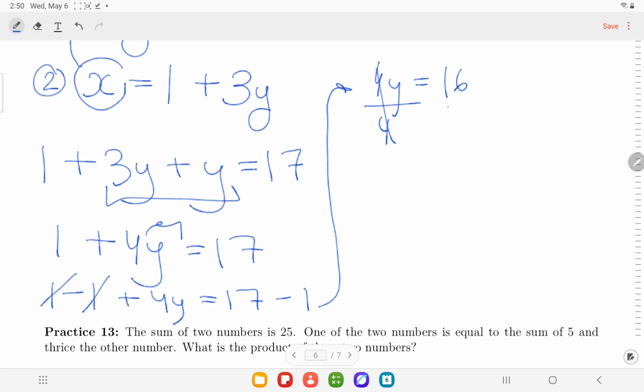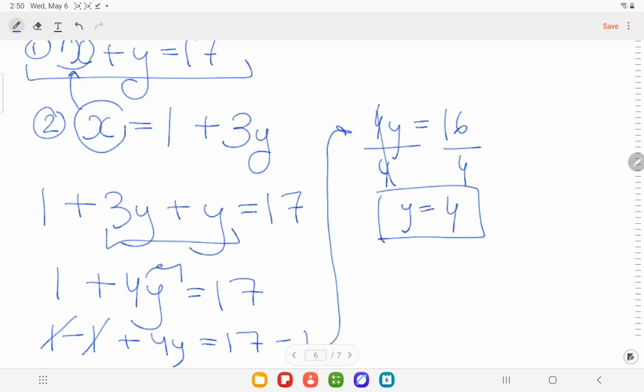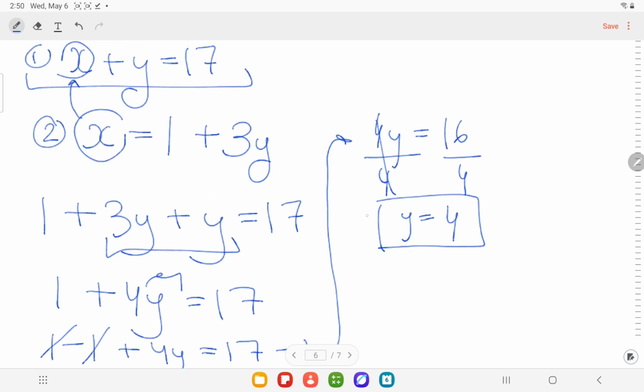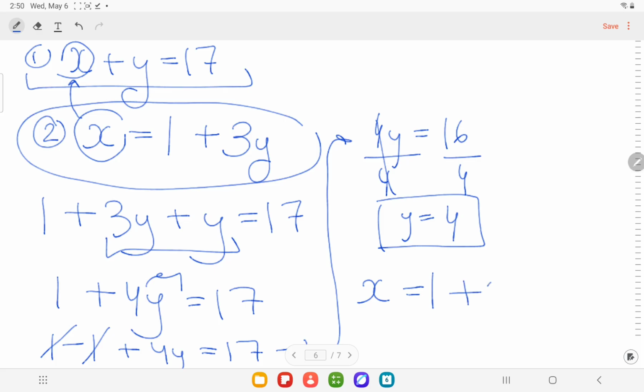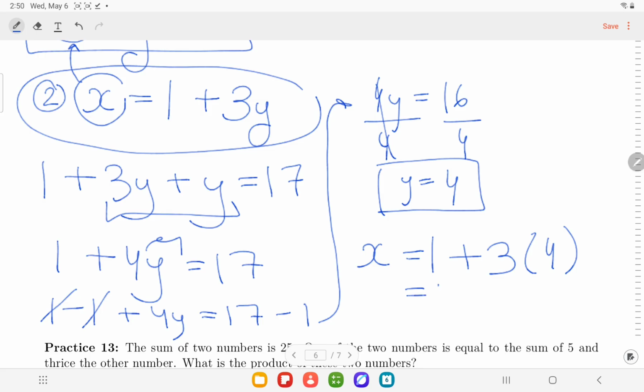And then divide by 4. And we get that our y is 4, and then to find our x, we can plug in our y into the second equation here. So our x is going to be 1 plus 3 times y, which is 4. And so we get 1 plus 12 is 13. So our two numbers are 4 and 13.